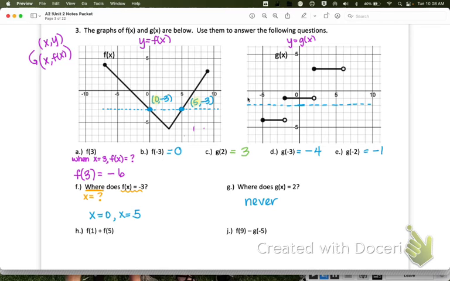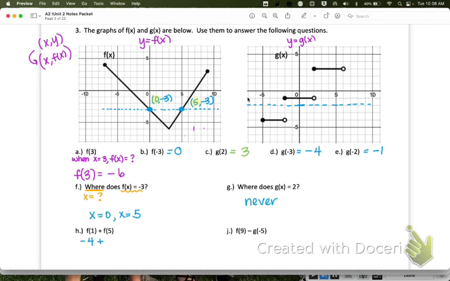H and J are more similar to the first 5 questions. All we have to do is find those values and then do the operation. So for example, on H, f of 1, from looking at the graph, when x is 1, f of x is negative 4, plus f of 5, we have that ordered pair already written on the graph.